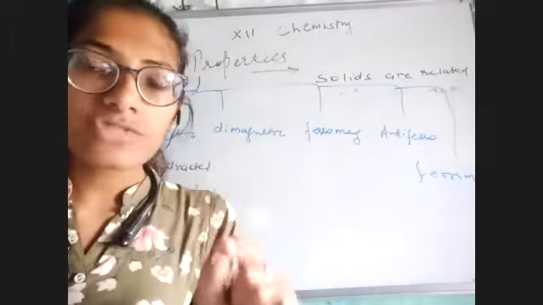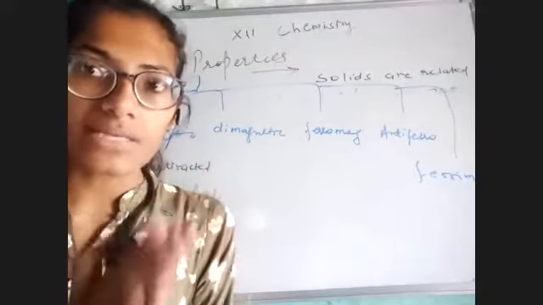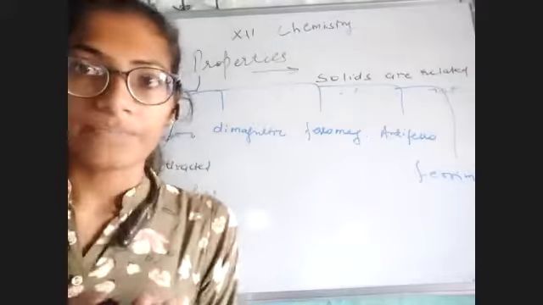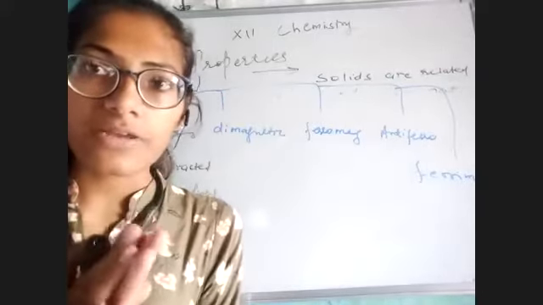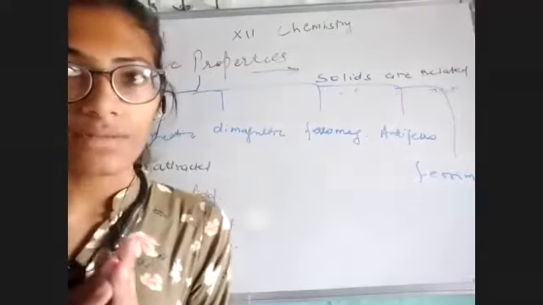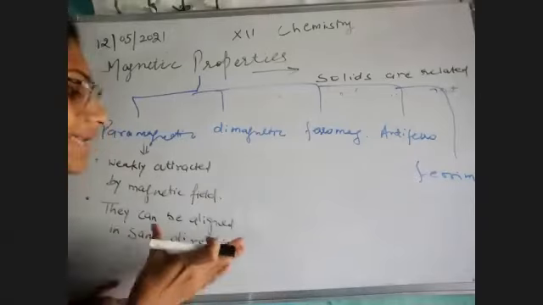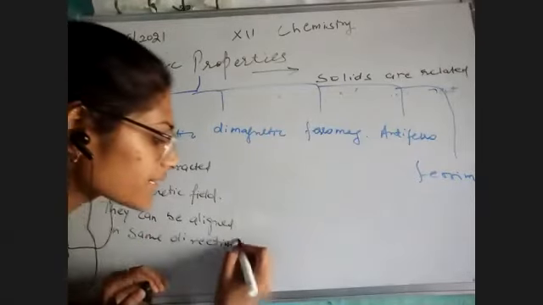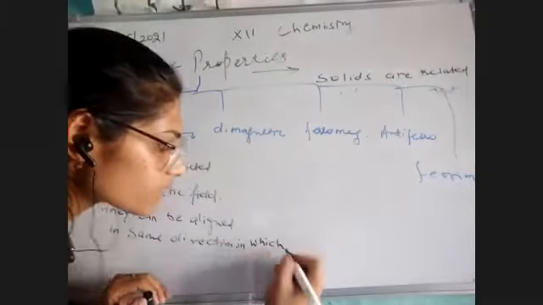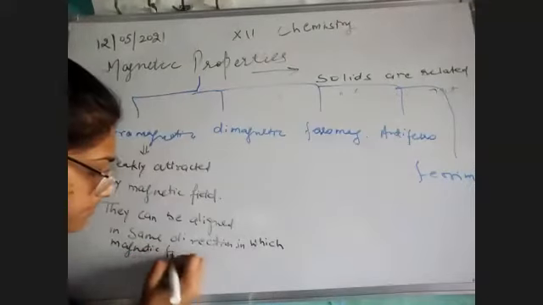And we have studied in our 9th class that a magnetic field is totally dependent upon directions. We have described that our magnetic field and electric field are totally direction dependent. So it also tells us that they can be aligned in the same direction in which the magnetic field is applied.